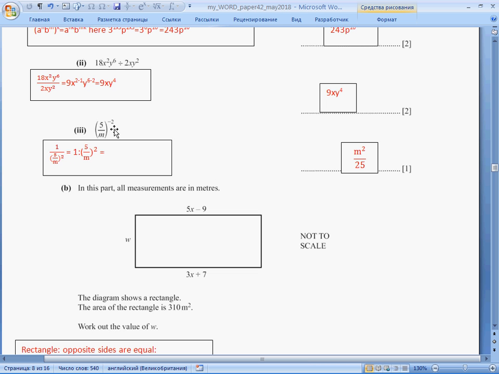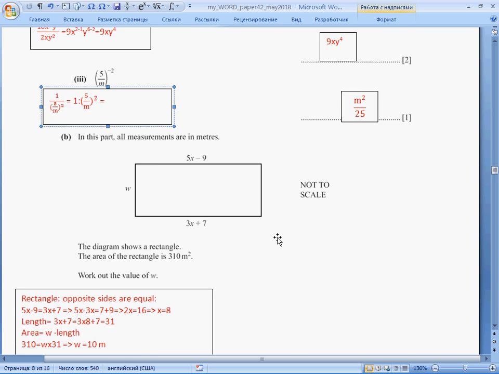Here we recognize that it is a negative power, so it means 1 over the square, then we divide 1 by it, and we get 25 over m squared. But when we divide by a fraction we should multiply by the reciprocal, so the reciprocal is m squared over 25.